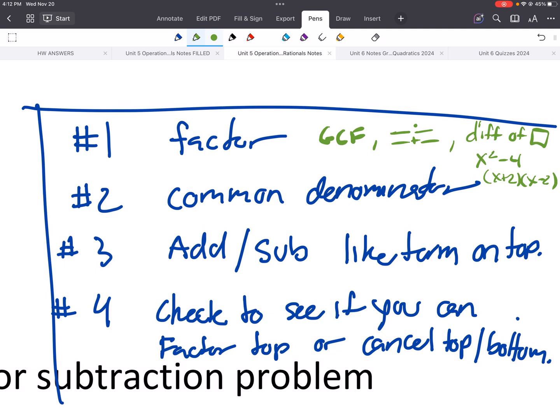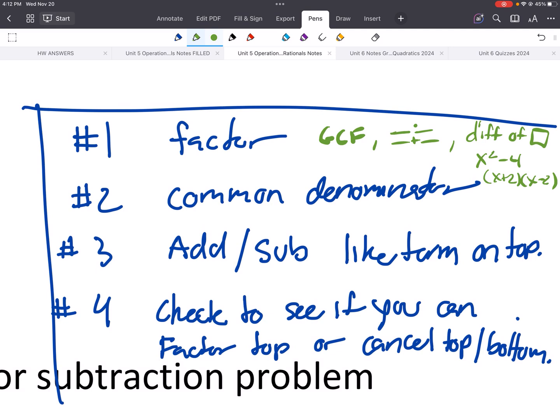Again, you always want to check that on any of your problems. Always see if you can factor. Next, we want to see if we can make a common denominator if there's not already one. Again, you're just going to be looking for what's missing. Compare both denominators. If something's on the left that's not in the right, then let's multiply top and bottom by that. And then we're going to add or subtract like terms on the top, the numerator.